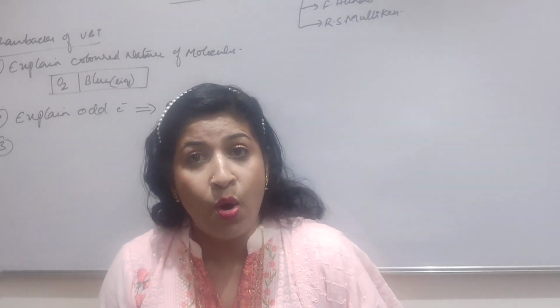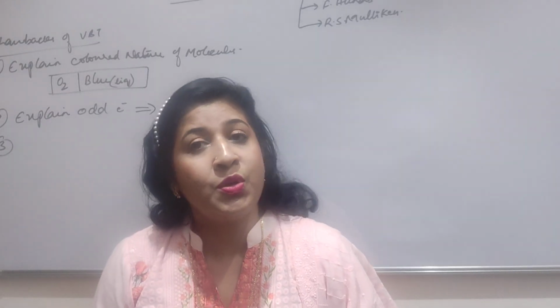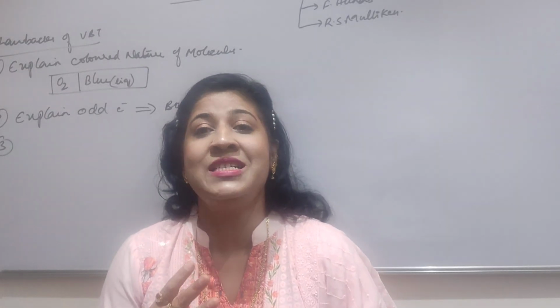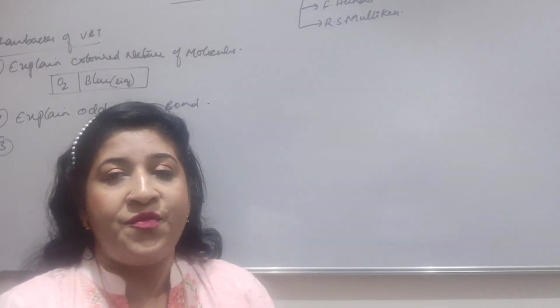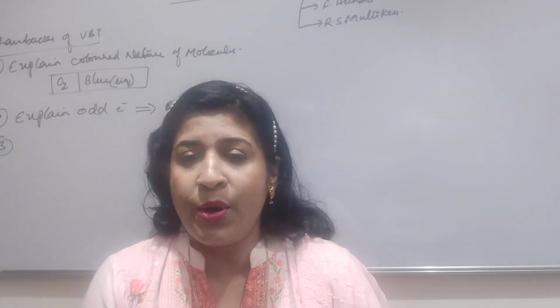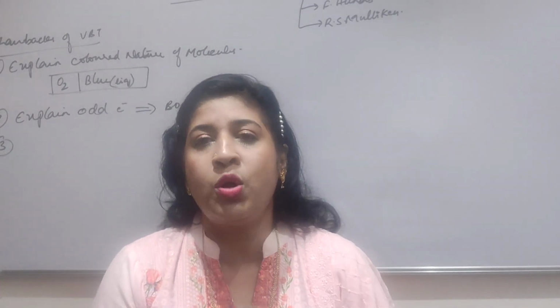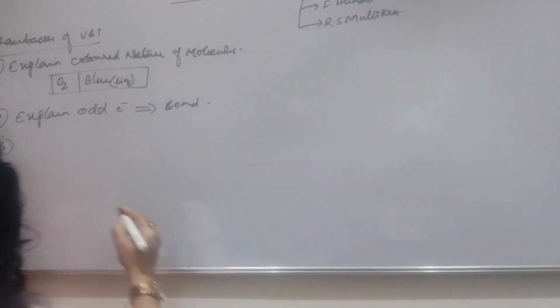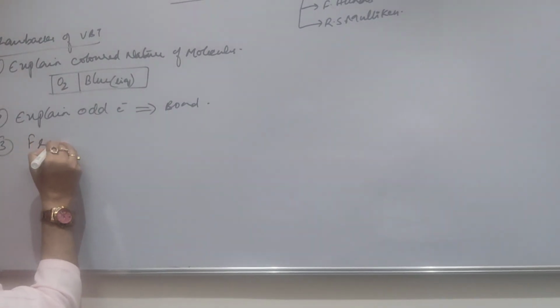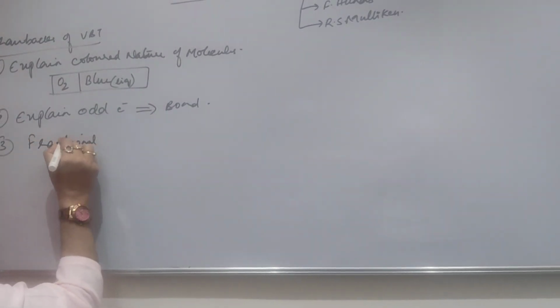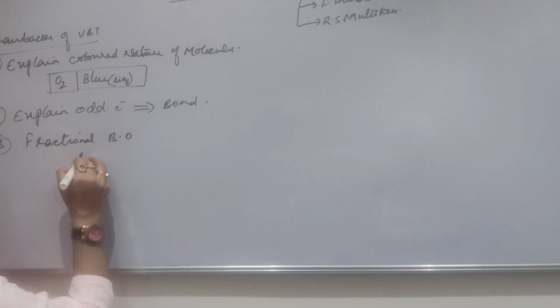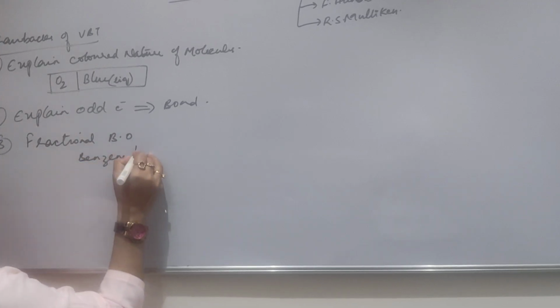It is fractional also. So valence bond theory couldn't explain the fractional bond order. For example, if you are taking benzene, it is 1.5. How on earth can the bond order be fractional? So it couldn't explain the fractional bond order, for example benzene, which is 1.5.